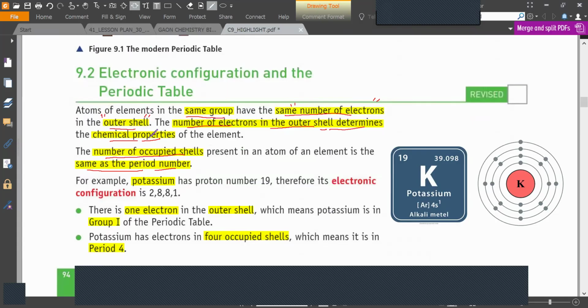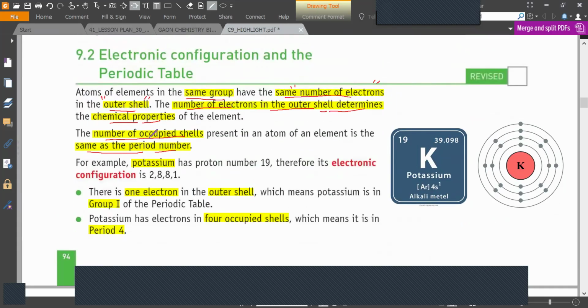So we'll look at the potassium example. Potassium, proton number is 19. Electronic configuration is 2, 8, 8, 1, one outer electron. One electron at the outer shell, so it is in group 1.